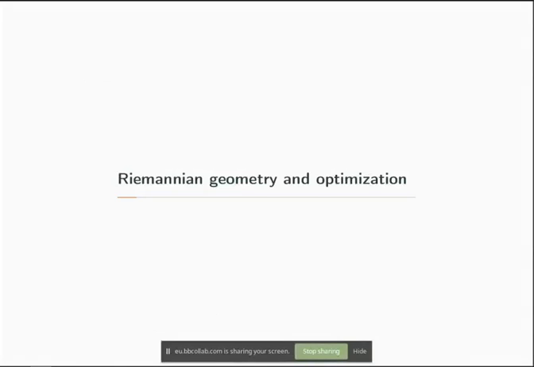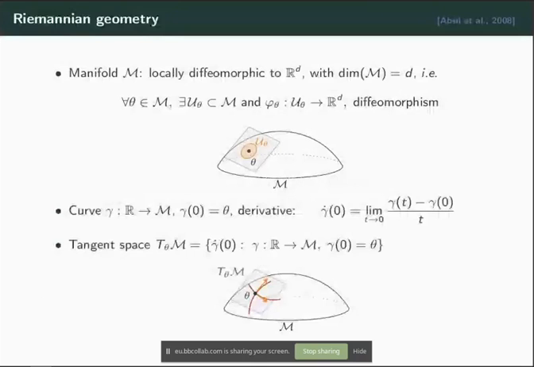Okay, so first, Riemannian geometry. The idea is that we deal with a manifold, and a manifold is some space that is around each of its point theta, in fact, similar to a linear space. So basically, we can find a map around each point, which maps the points of the manifold onto a vectorial space.